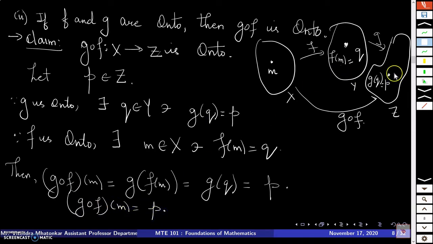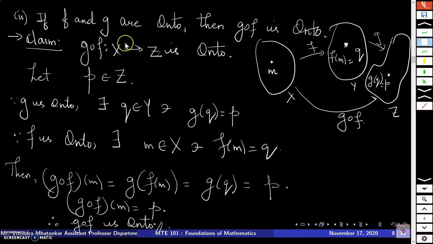So what we did is, for any point p in Z, we produced a point m in X such that g composite f of m is equal to p. That means every point in the set Z has a pre-image in the set X under the function g composite f. And this tells us that the function g composite f is onto.